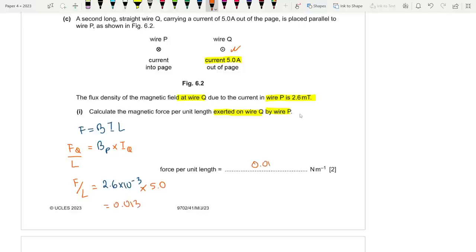So one more time, the force per unit length felt by wire Q is due to the magnetic field strength of P, but the current in Q itself, which is 5 amperes, and the magnetic field strength produced by wire P at Q is 2.6 millitesla. So we end up with 0.013. That is our final answer.